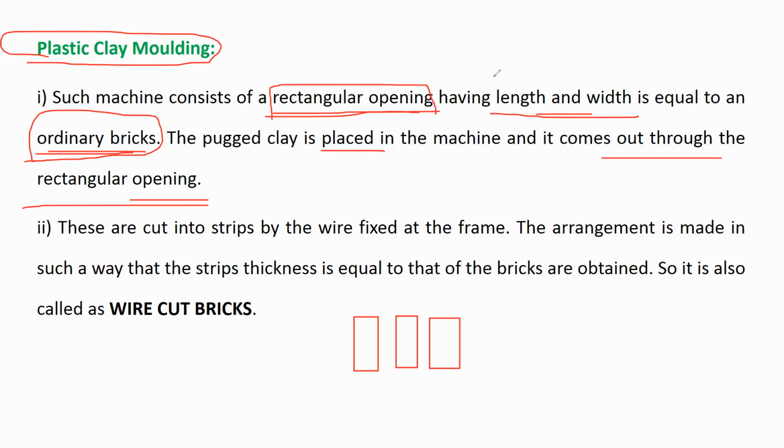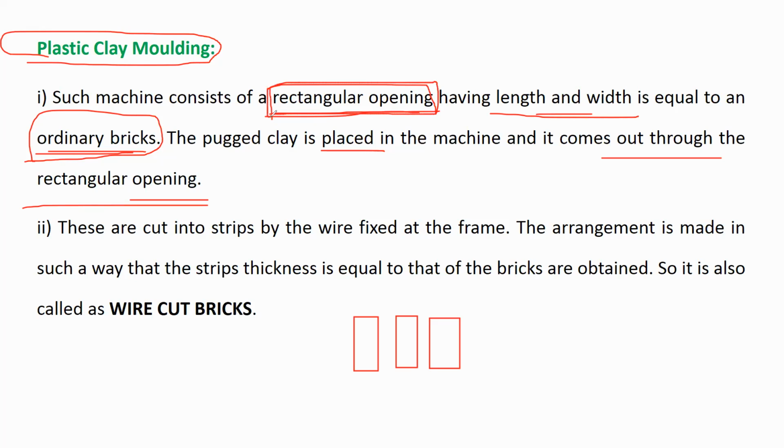In the plastic clay molding machine, we will put the clay. Preparation of clay, blending and all we have already discussed. Once the clay is ready, next is molding. In the plastic clay molding machine, we put that prepared clay. Then after the process, bricks come out from that rectangular opening.